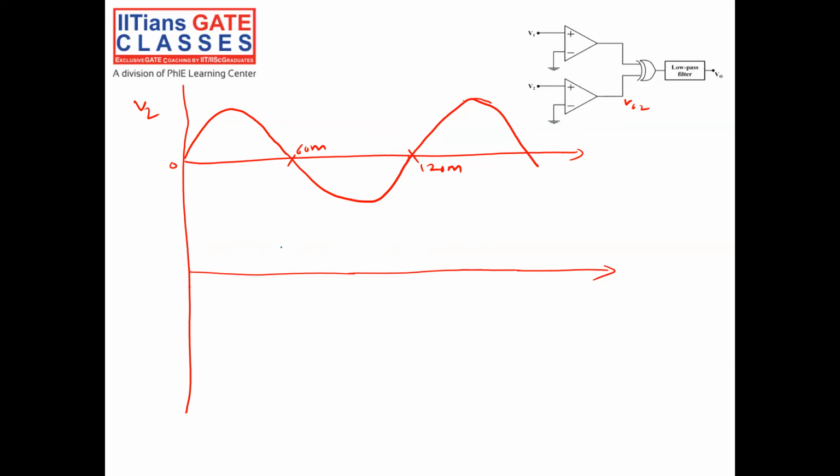So V1, you see, it becomes 48 millisecond, right? 40 millisecond will be 0. So it will be 0, 48. So 120 minus 12 will be here. Again it will be 0 here. We start a little bit early.